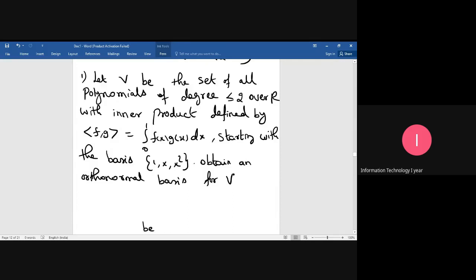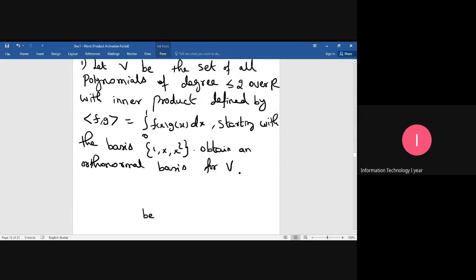Similar to this problem, we did one in the morning, but it is a little different here. V is the set of all polynomials of degree less than or equal to 2. The "over R" means the polynomial coefficients are real numbers, not complex numbers.